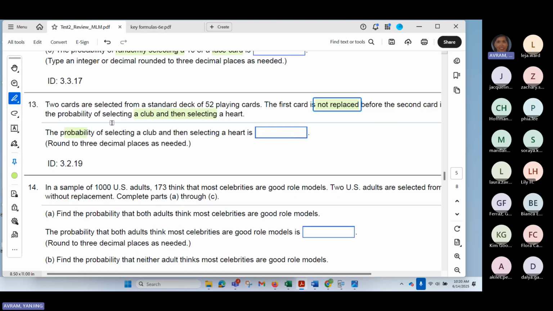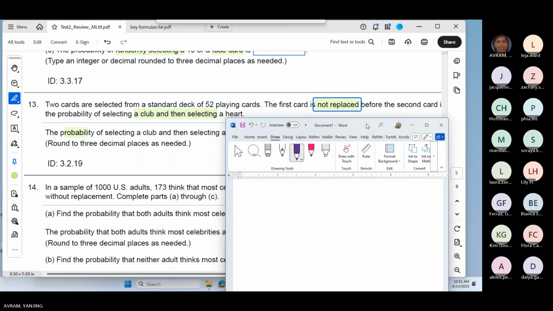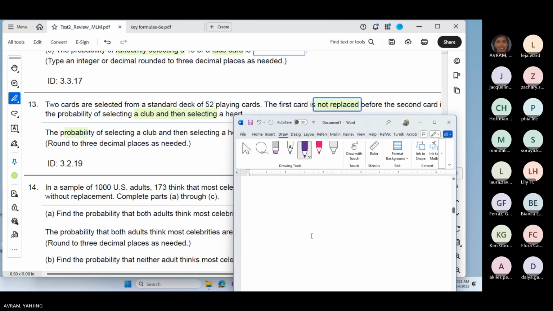Okay, so what is the probability of selecting a club? All right, number 13, probability of selecting a club. Let's do this one right here.